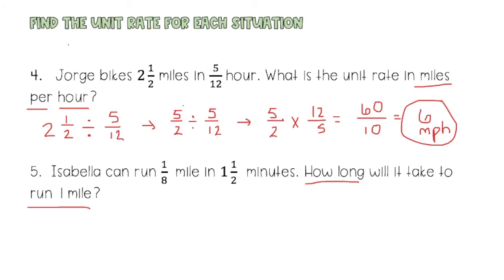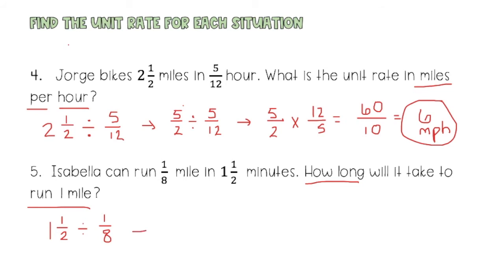So when I'm writing down the division problem, first, the value that represents my minutes, 1.5, is going to be written first, divided by, and the number that represents my miles. So in this problem, we know that Isabella can run 1/8 mile. So that's how it's going to help us.